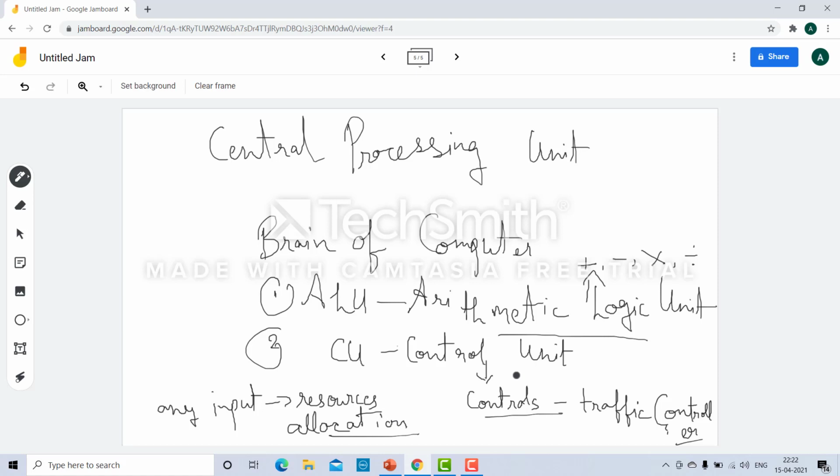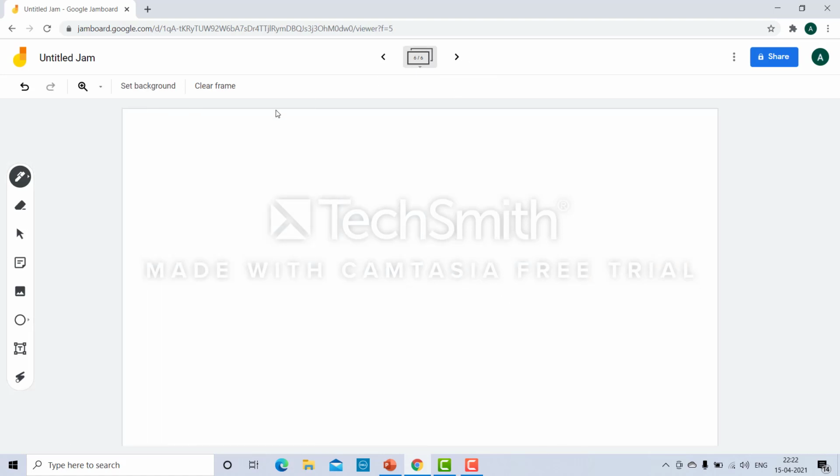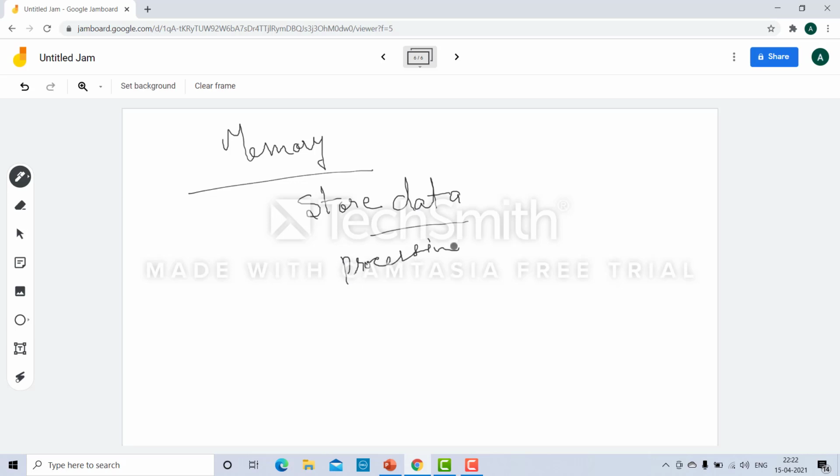Now the next part that we have in our computer system, that is the memory, children. Okay, now memory is a very important part of the computer, isn't it? So memory is usually used for storage of data, isn't it? It uses data for processing, isn't it?